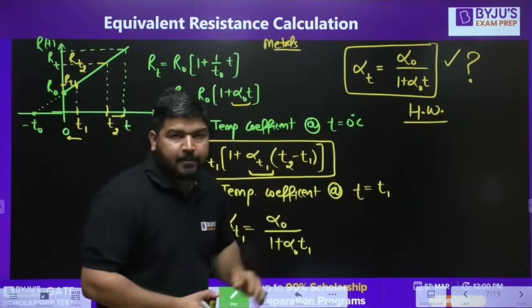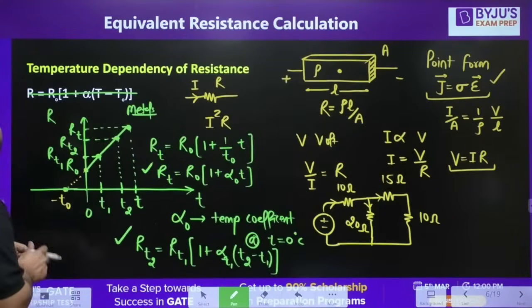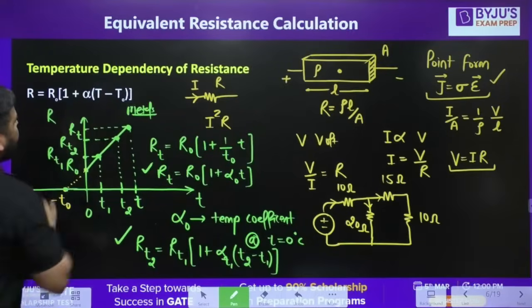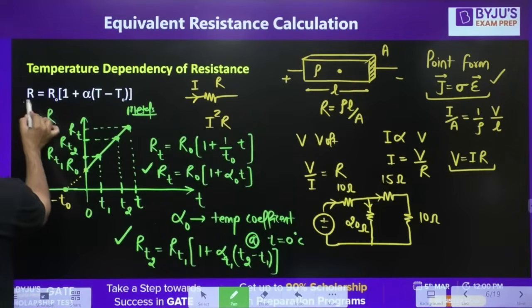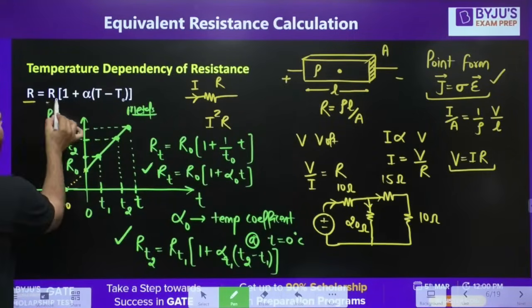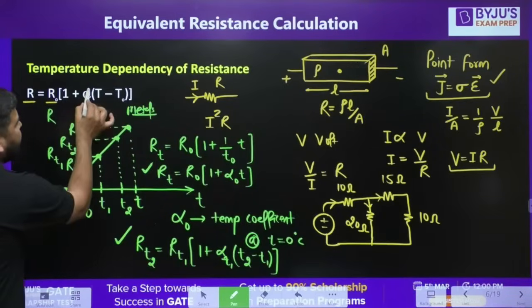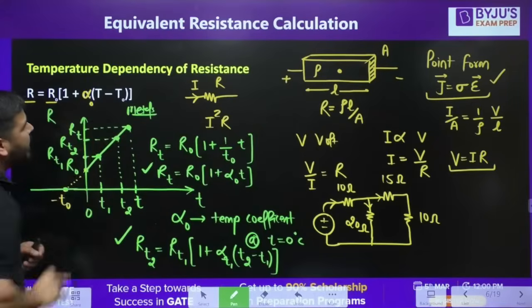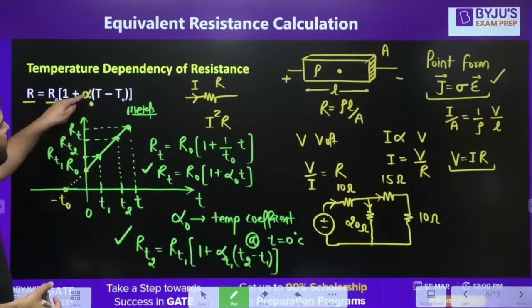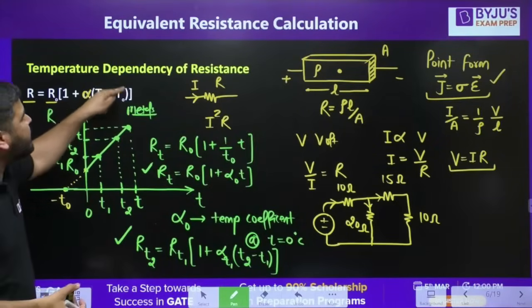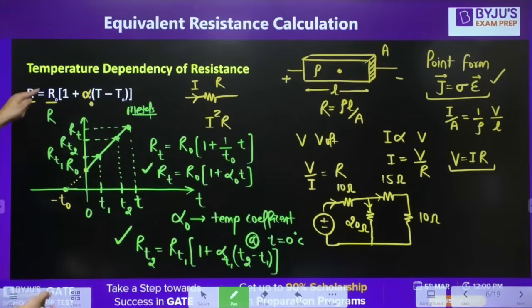अब आइए यहां पे देखिए, this was the relation. Now in this relation R is equal to R naught into 1 plus alpha into T minus T naught. Now there should be a correction in this relation. Alpha naught I should write. Alpha naught is the temperature coefficient at some temperature T naught. And what is this R naught resistance?